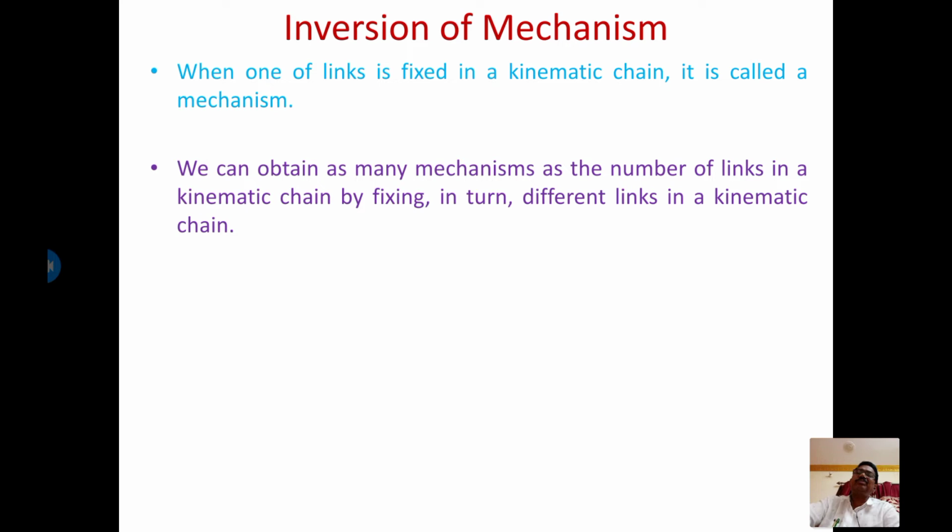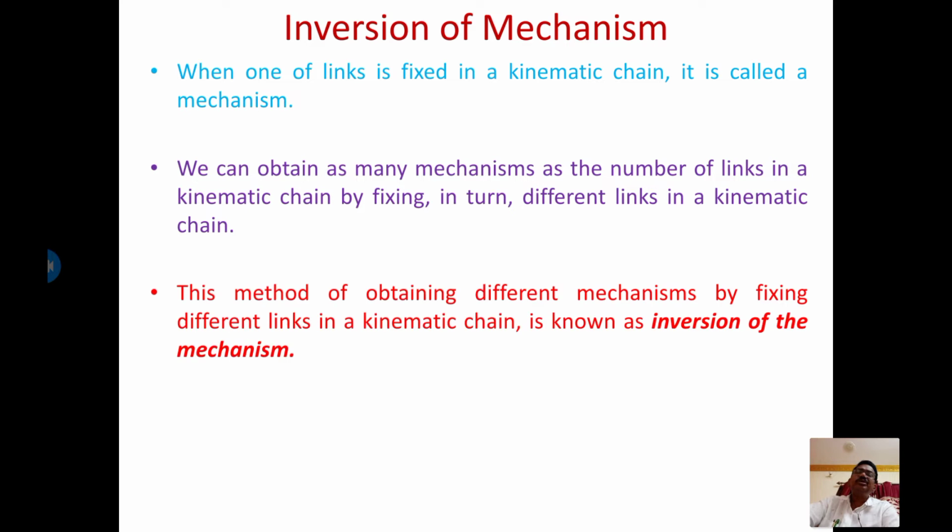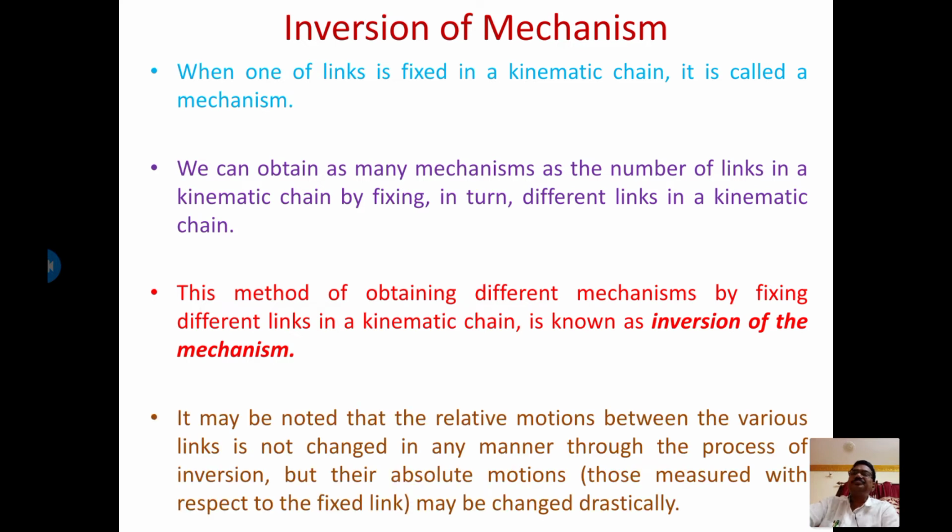You can obtain as many mechanisms as the number of links in a kinematic chain by fixing different links in turn. This method of obtaining different mechanisms by fixing different links in a kinematic chain is known as inversion of the mechanism.